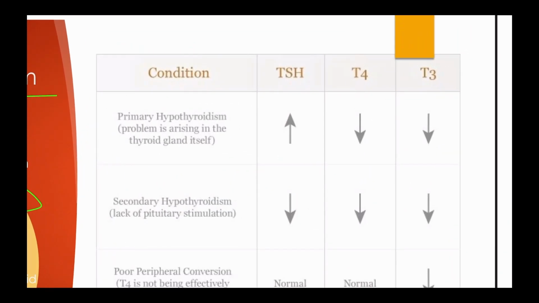We have primary hypothyroidism. The primary problem is in the gland itself. In this case, TSH is high. Makes sense because the gland is not doing anything, but the pituitary gland still works. Hypothalamus still works. So TSH will still be active, but the thyroid is not pumping out anything, so there's no negative feedback, so TSH goes up.